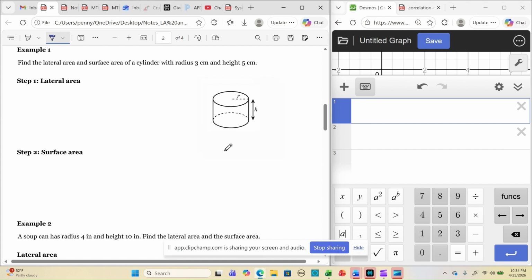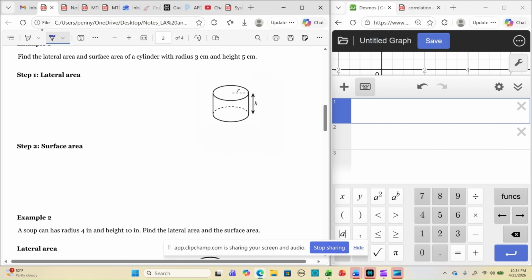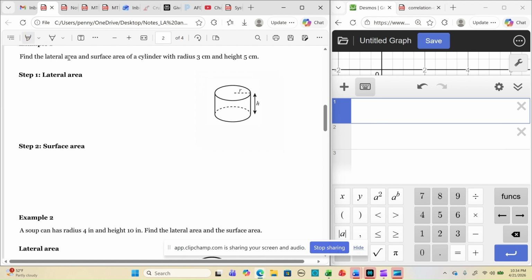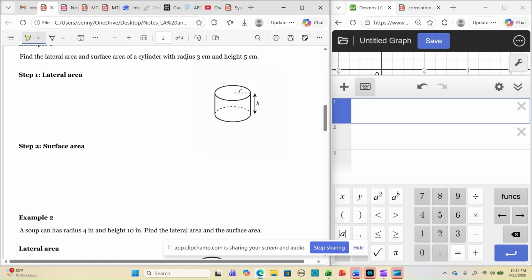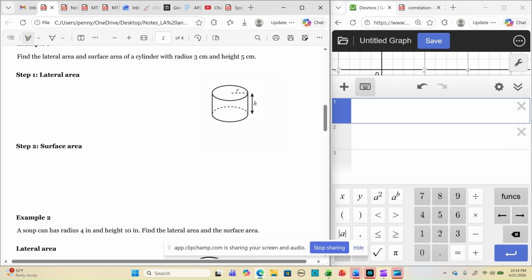All right, so example 1. Find the lateral area and the surface area of a cylinder who has a radius of 3 centimeters and a height of 5 centimeters. So I'm going to fill that in on my diagram. My radius is 3 centimeters.